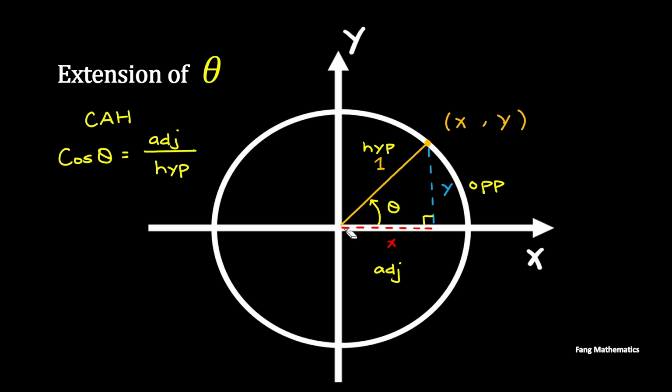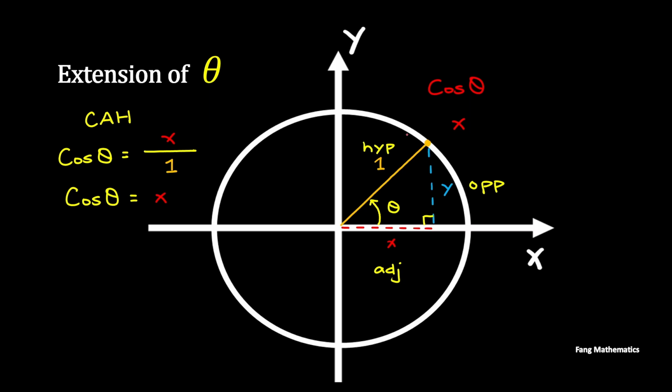Your adjacent is x, and the hypotenuse is 1. If you rearrange, you should get cos theta is equal to x. x divided by 1 will give you x. So in place of x, you can write cos theta. We are expressing x, the movement along the x-axis, in terms of theta.